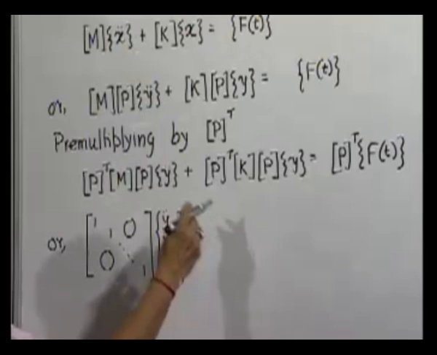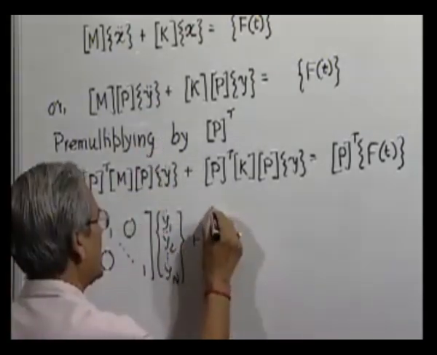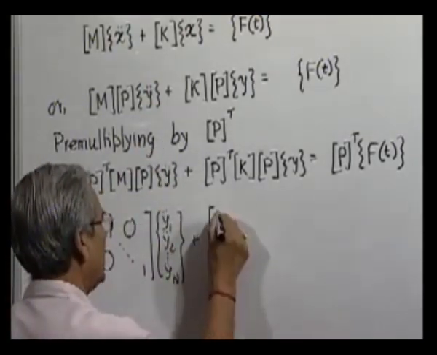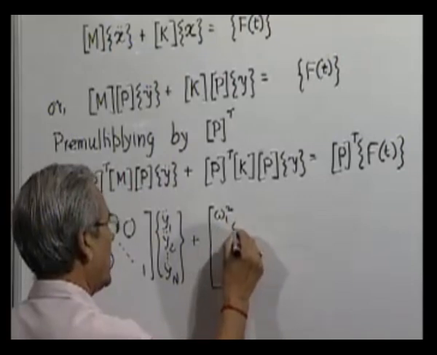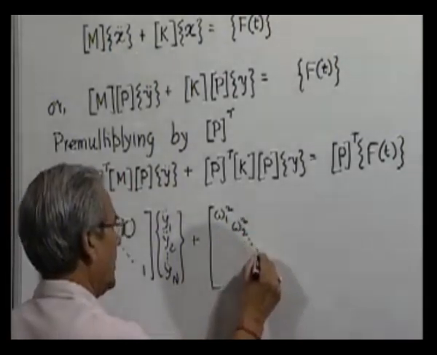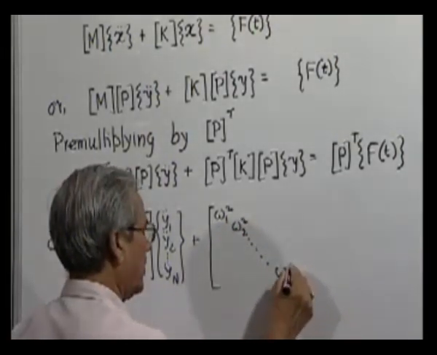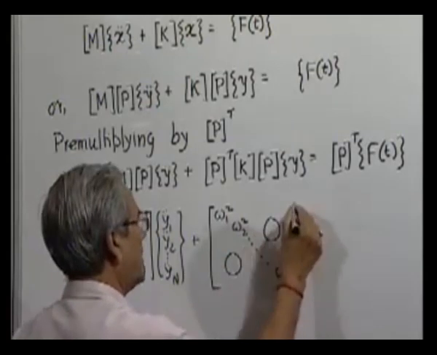And here again, it will be a diagonal matrix where the diagonal terms will be these, and the rest will be 0.